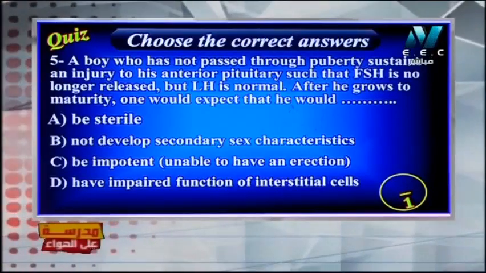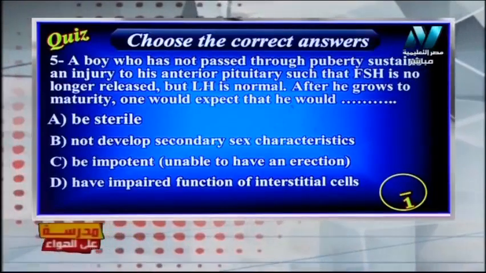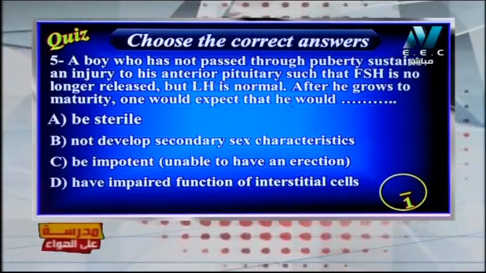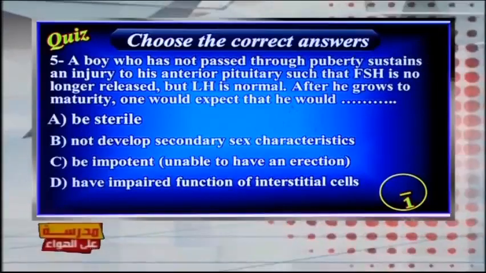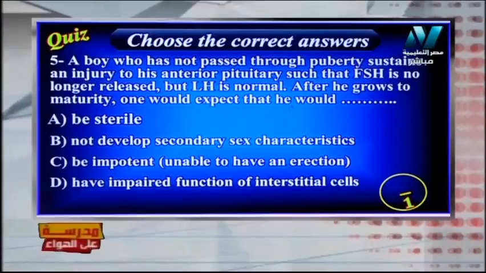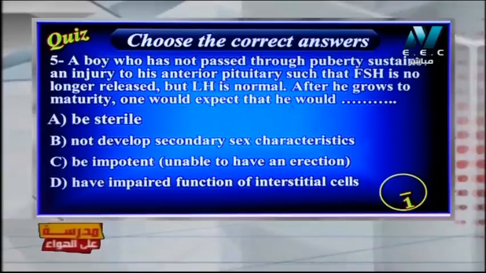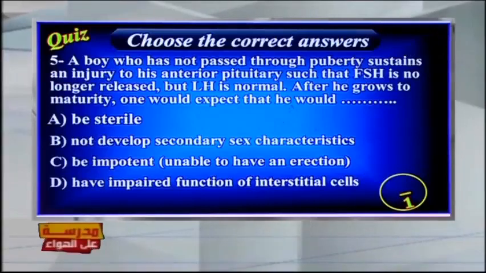Choice A, sterile. Number B, not develop secondary sex characteristics. Number C, impotent, meaning unable to have an erection. Number D, have impaired function of interstitial cells. 10 seconds for the right answer. Read the question carefully.